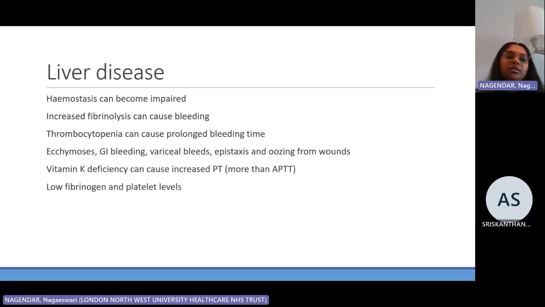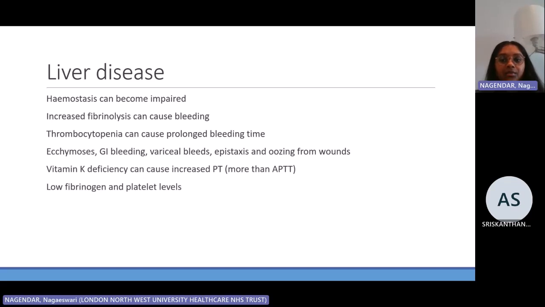And then if we move on from hereditary bleeding disorders, and think about other acquired bleeding disorders. Now, we know the liver is very important in coagulation, because most of the coagulation factors are made in the liver. And this includes the vitamin K dependent factors, which is 10, 9, 7, and 2.